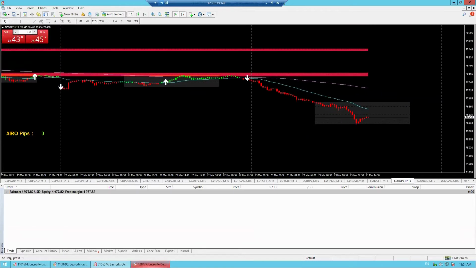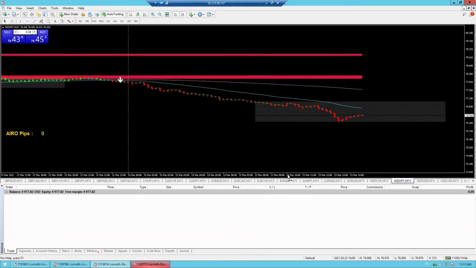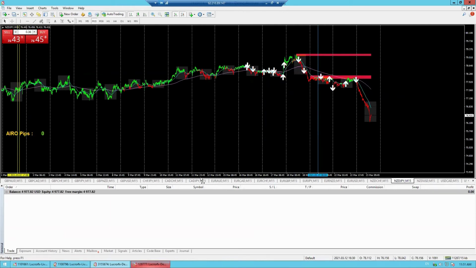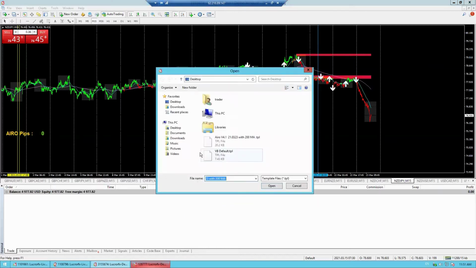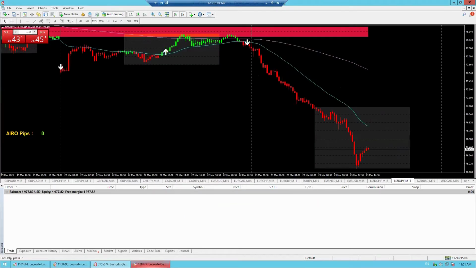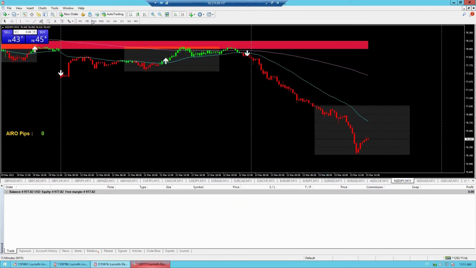I don't even see any green zones. What happened to my green zones on this? Let me reload this, see if it loads. I'm not seeing any green zones now. 15 minutes.